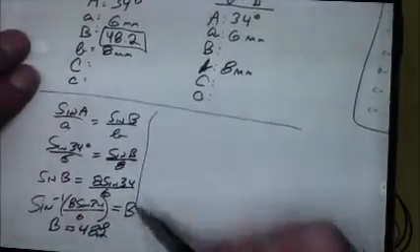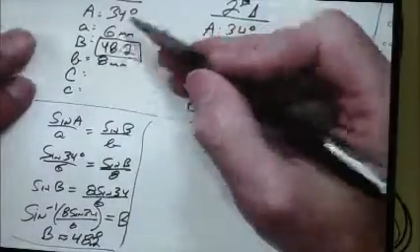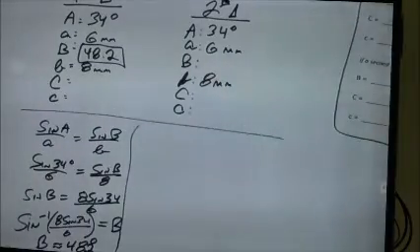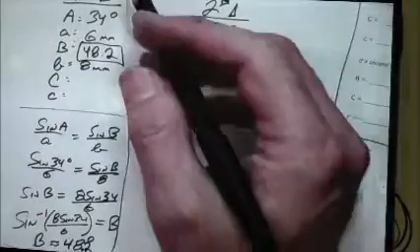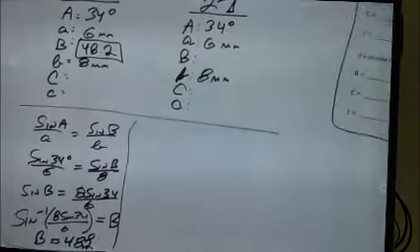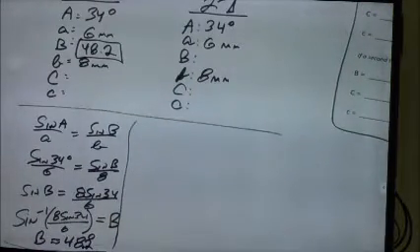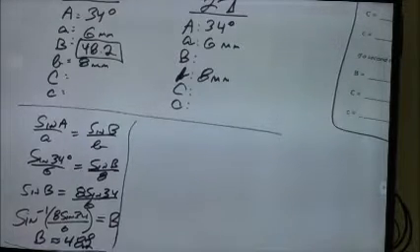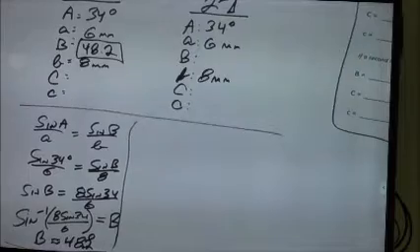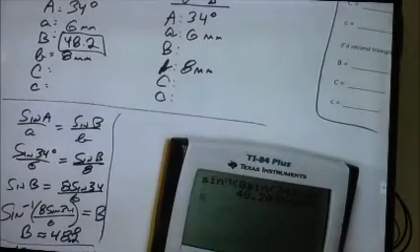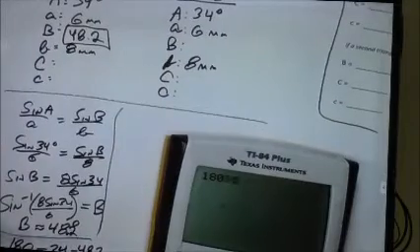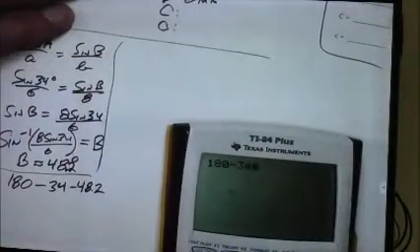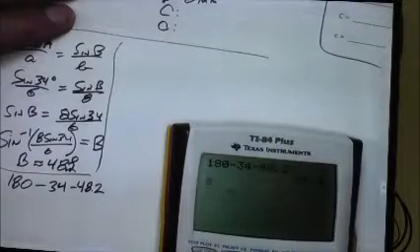The next part of this is really easy, because I now have 2 angles out of 3 on a triangle. Every triangle, all 3 angles add up to 180. So 180 minus 34 minus 48.2 would be 97.8, I believe. 180 minus 34 minus 48.2, 97.8.